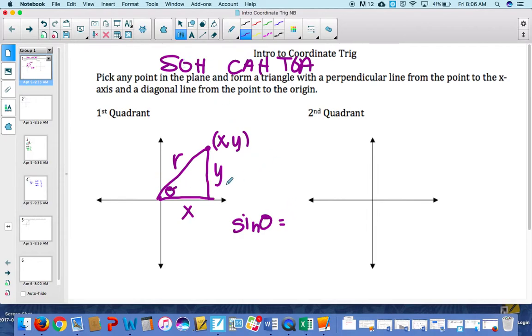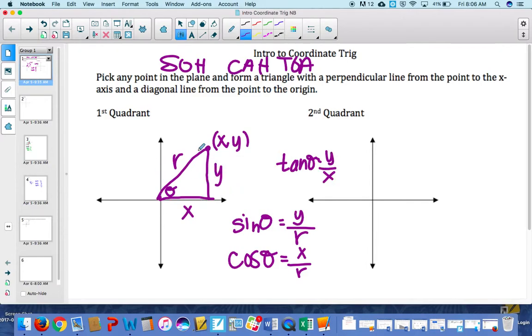So from theta, my opposite is y, my hypotenuse is r. The cosine of theta is adjacent over hypotenuse. From theta, x is adjacent, and r is my hypotenuse. And the tangent of theta is opposite over adjacent, and so it's going to be y over x.